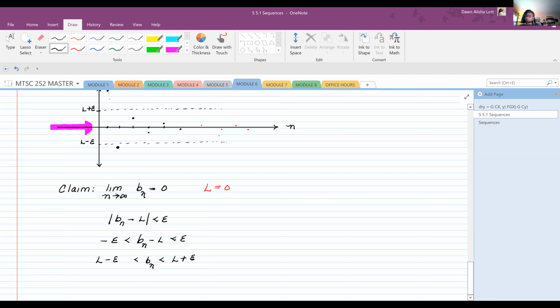And there's going to be a certain number N for every epsilon. As you can see, for that huge epsilon, N is 3, because it's after the third term that everything is squashed inside of there. But I can choose a smaller epsilon. So if I do L plus epsilon here and L minus epsilon here, now this is smaller.